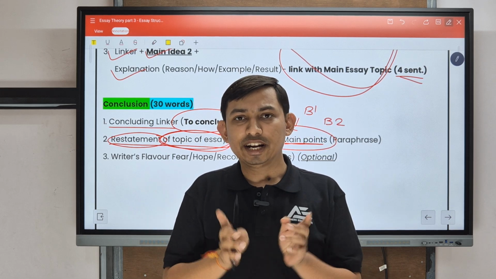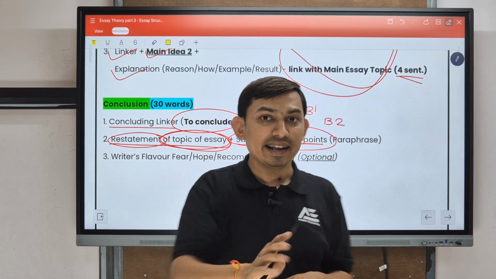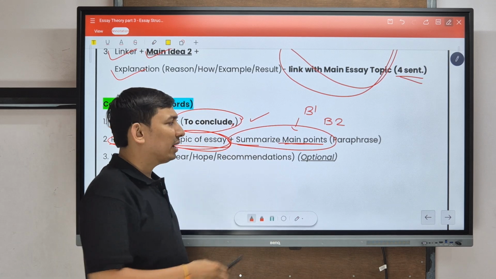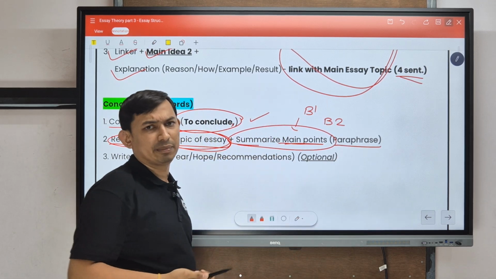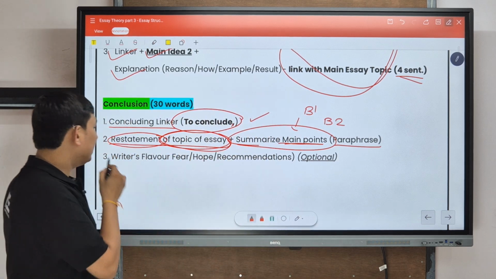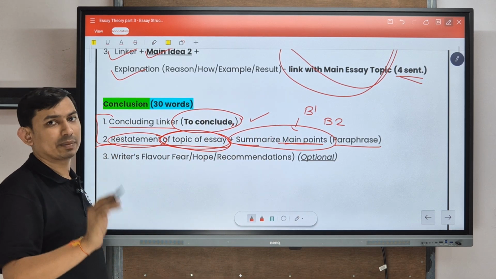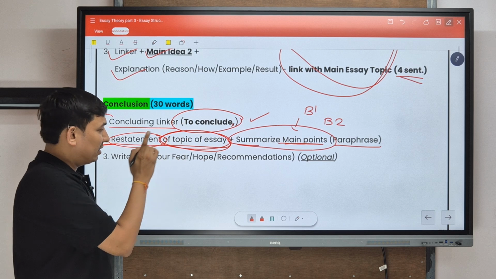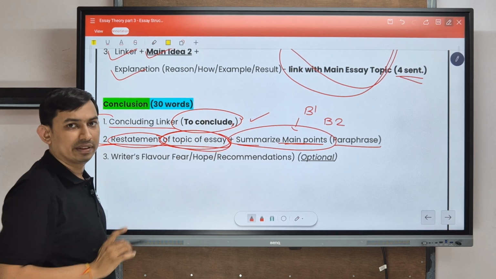So we are going to summarize all 4 main ideas in the conclusion. But here we have to paraphrase, just simple, because we cannot copy paste each and every word. Clear? So this is the mandatory or basic requirement of the conclusion: concluding linker, essay topic and main points with the help of paraphrase.